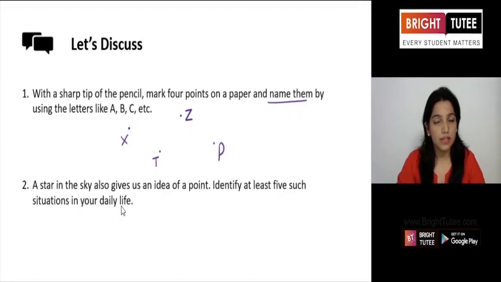So this is another example. You can similarly think of several examples. Say even if you look at a compass, the tip of the compass is an example of a point. It's very sharp, so be careful, right?